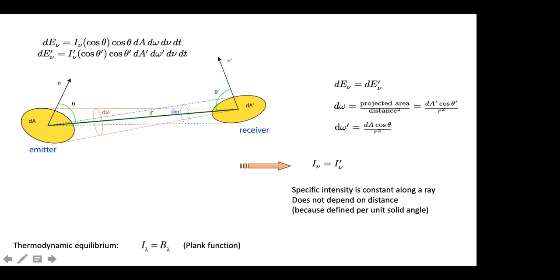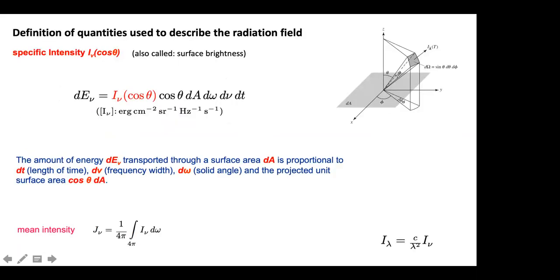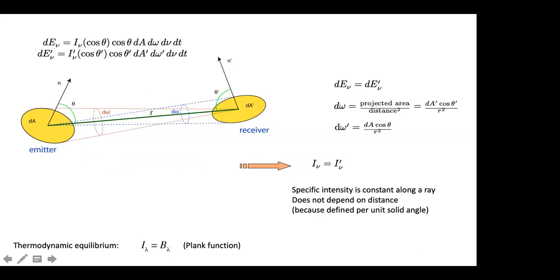Because in thermodynamic equilibrium, the emission of the object is exactly the same energy that is absorbed. So it is constant, and the Planck function is the same quantity. The Planck function is the energy emitted per solid angle, per frequency, area and time, exactly the same. So they coincide in the case of thermodynamic equilibrium.